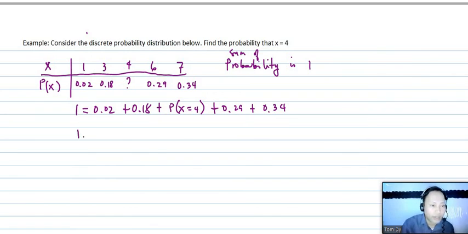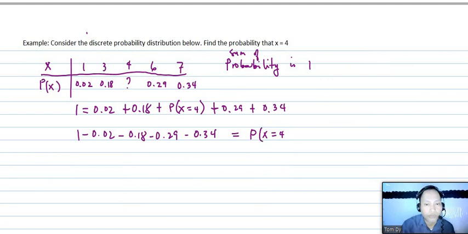So when we combine all these values, I will transpose them to the other side: 1 minus 0.02 minus 0.18 minus 0.29 minus 0.34, which is equivalent to the probability when x is equal to 4.